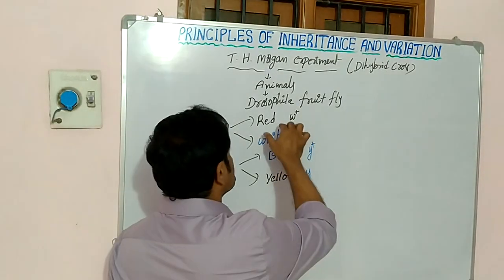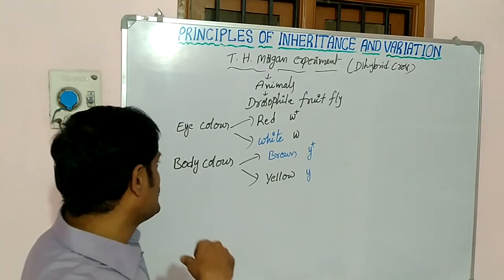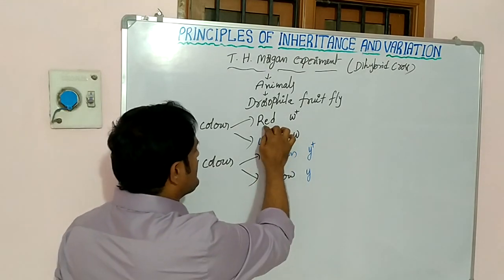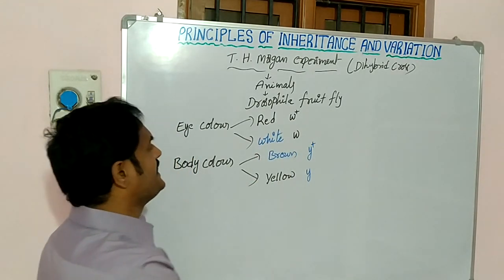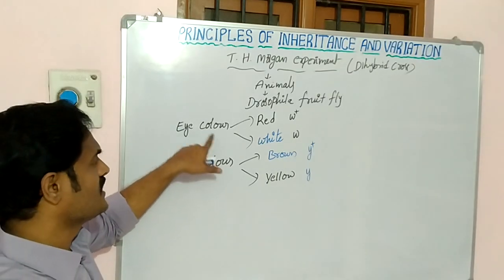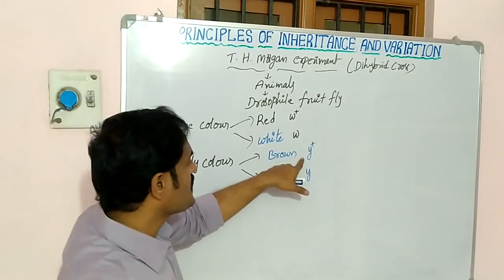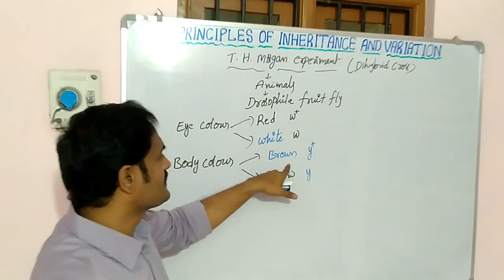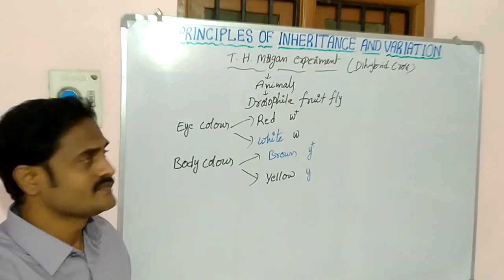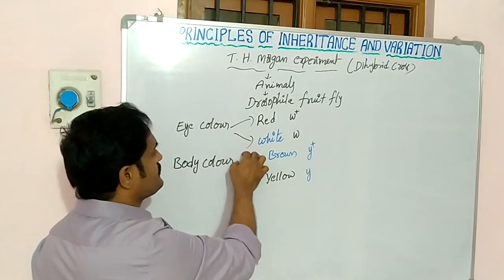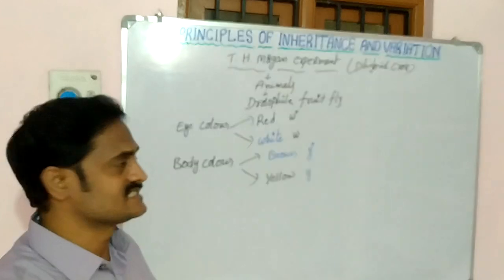He took red eyed Drosophila with brown color body. So each consists of two different traits.